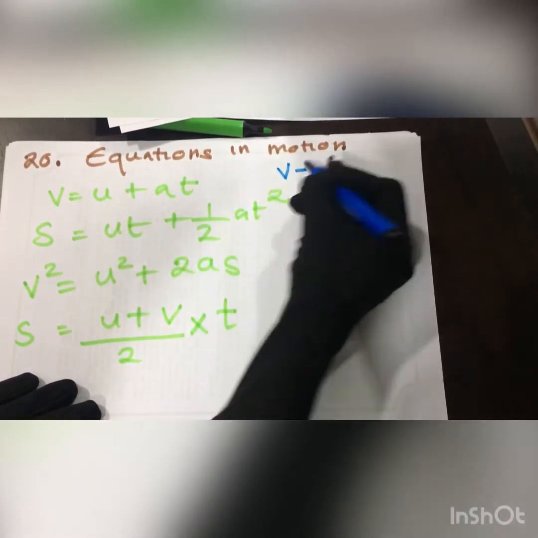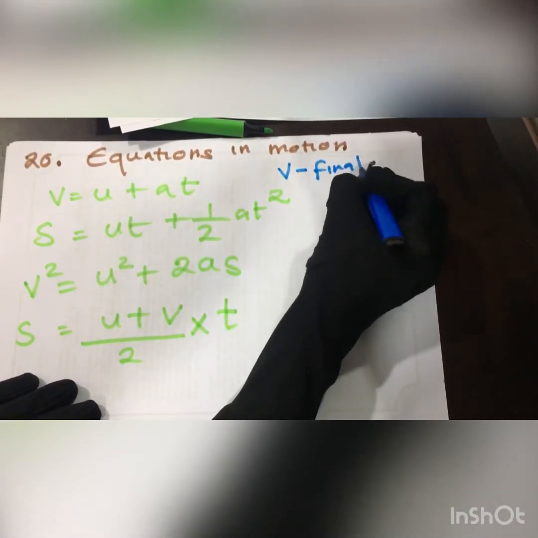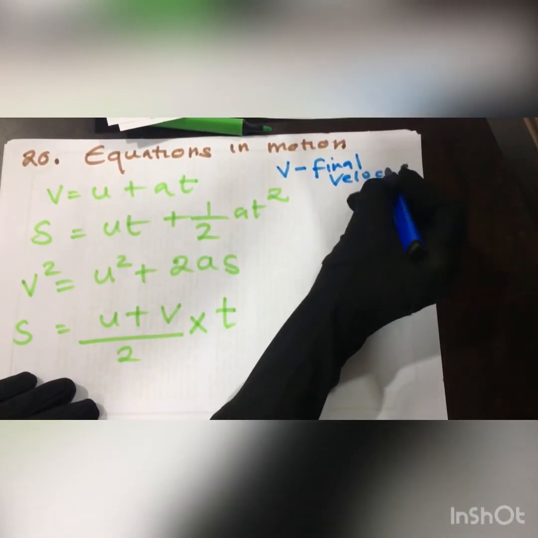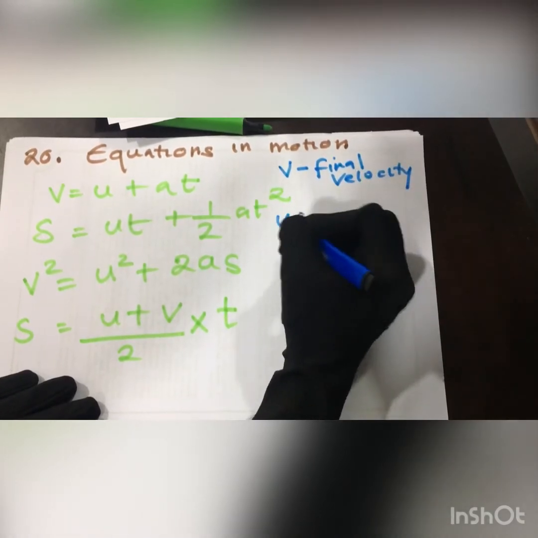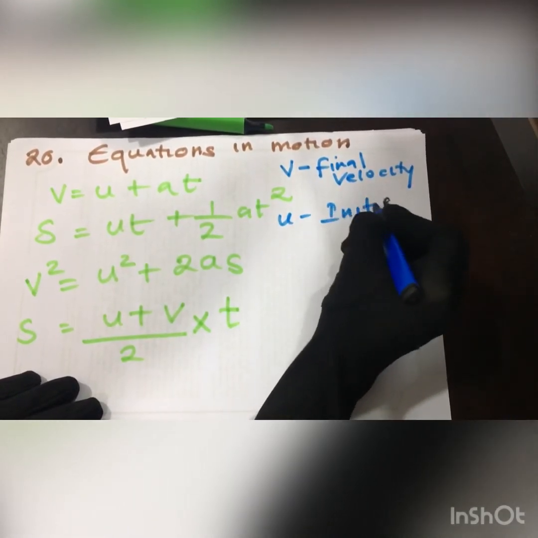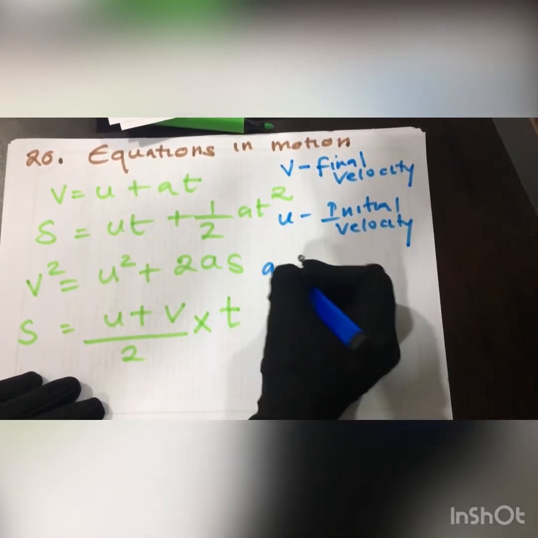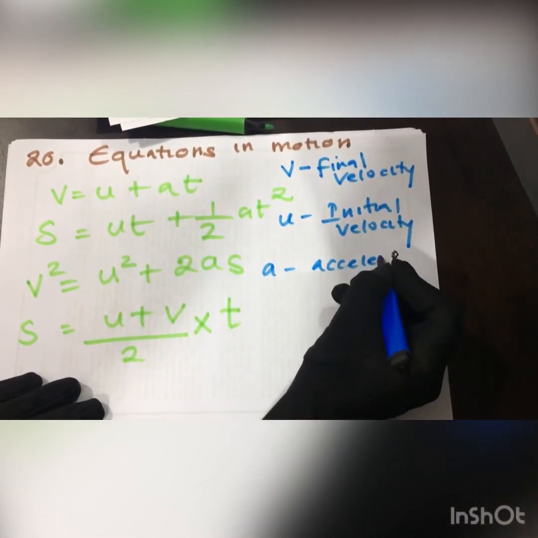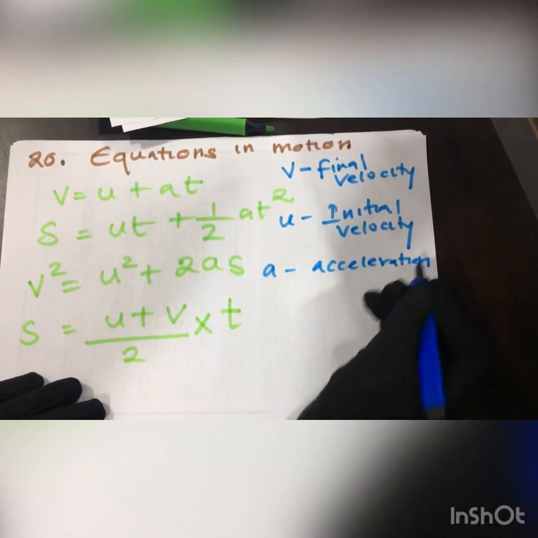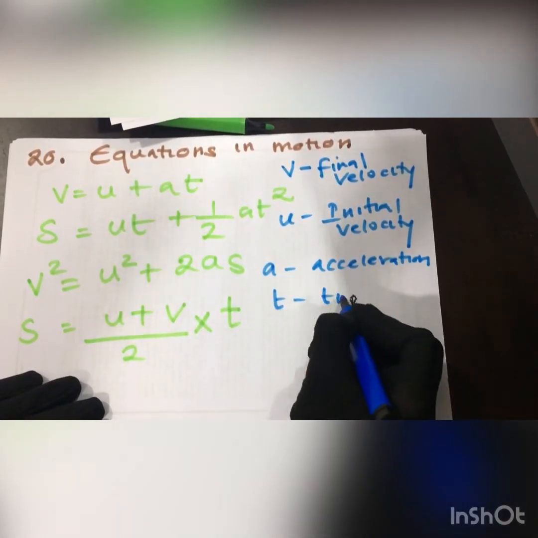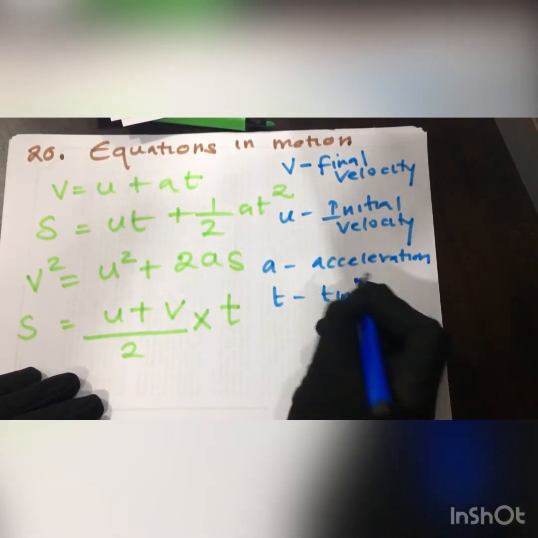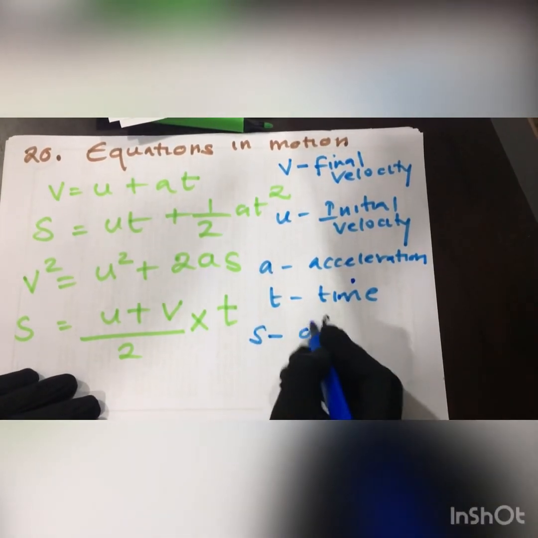V is the final velocity, U is the initial velocity, A is the acceleration, T is the time, S is the displacement.